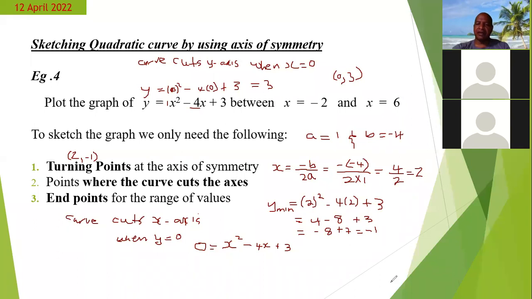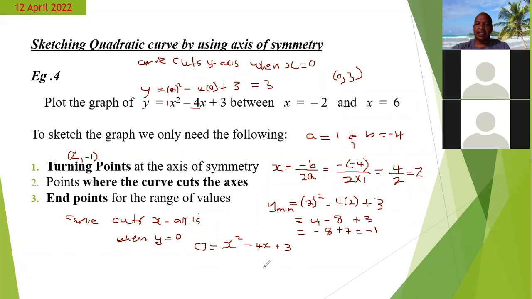Anybody remember how to factorize this? Yes, sir. Two numbers that you multiply to get 3, when you add them, you get negative 4. -1 and -3, sir.